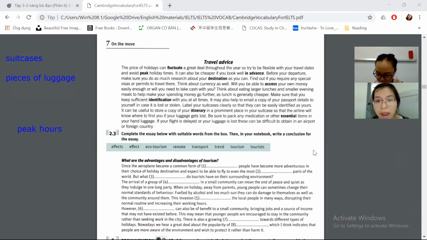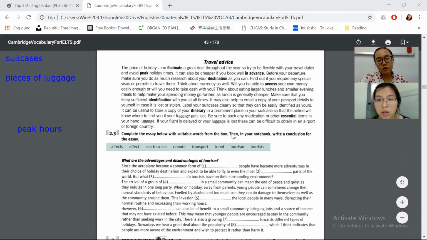Be sure to pack any medication or other essential items in your hand luggage. If your flight is delayed or your luggage is lost, that can be difficult to obtain in an airport or foreign country. Very good.